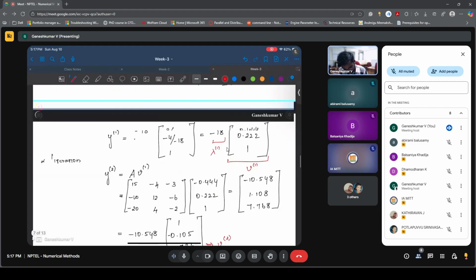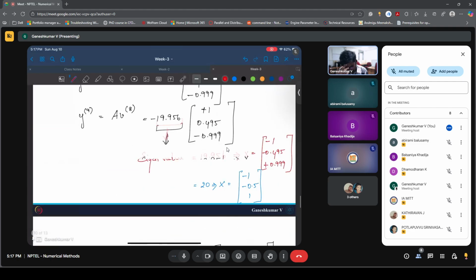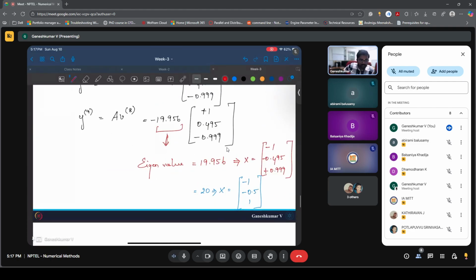Okay, so the eigenvalue is 20, that is for sure. But the only thing is, in the power method, finally we end up having minus 20. But if you take the minus inside, the eigenvalue and eigenvector fall in place. So if you take the minus inside, 20 is your eigenvalue, and the corresponding eigenvector you're able to find out, which is minus 1, minus 0.5 and 1. Okay, so until here there's no problem.